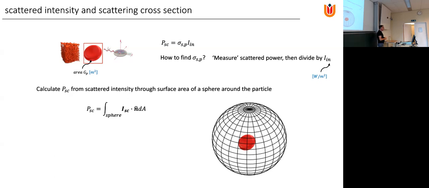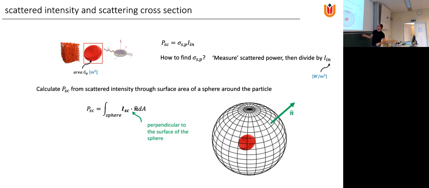That means we can calculate the scattered power as the integral of the scattered intensity over the area of that imaginary sphere. We have the scattered intensity that goes through this area, and the integral just adds all contributions together.